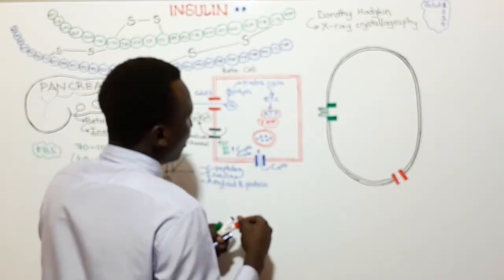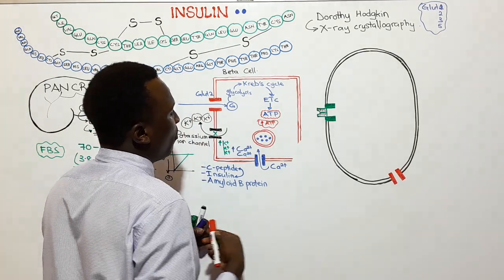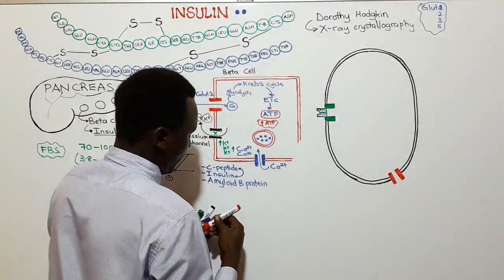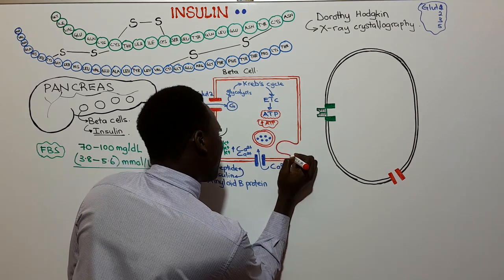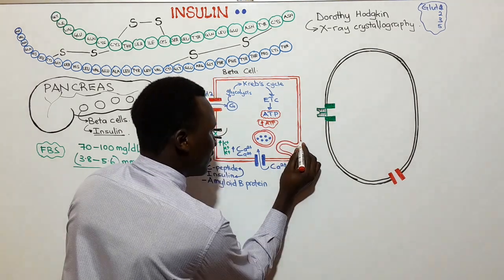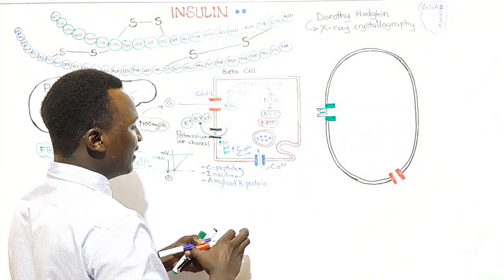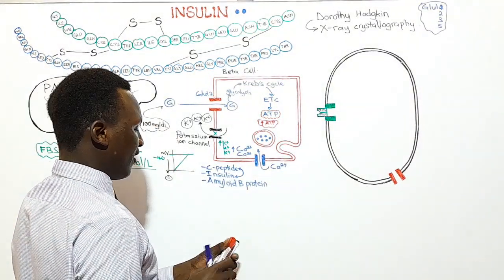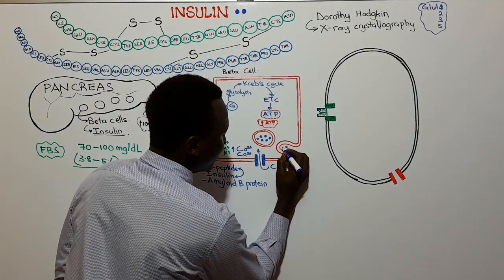There will be fusion of this vesicle with the cell membrane, in such a manner. When it happens, we shall be able to release our insulin by exocytosis.